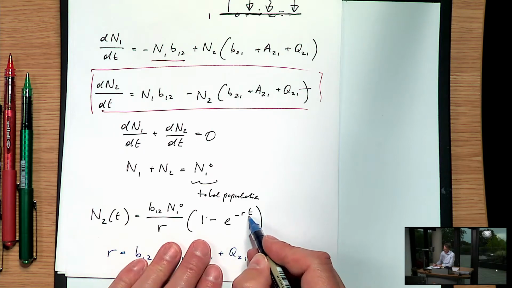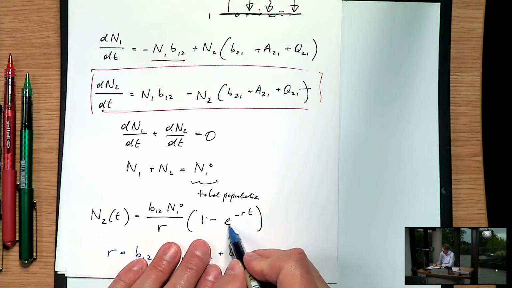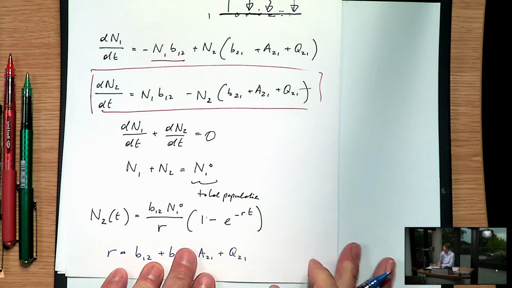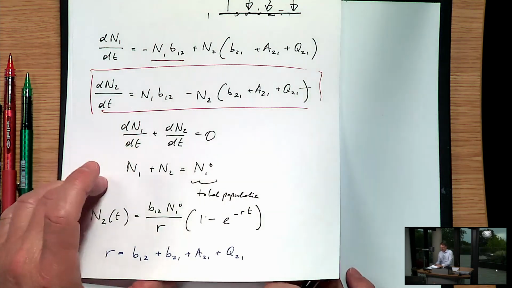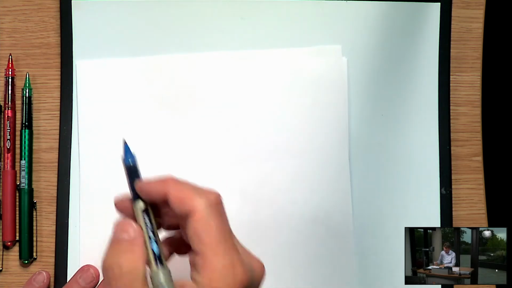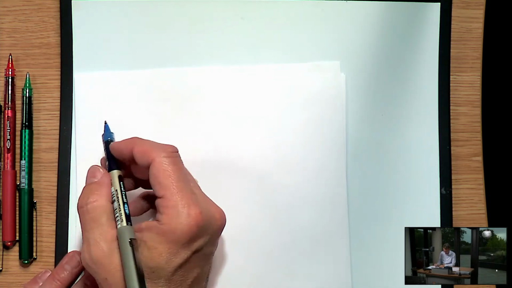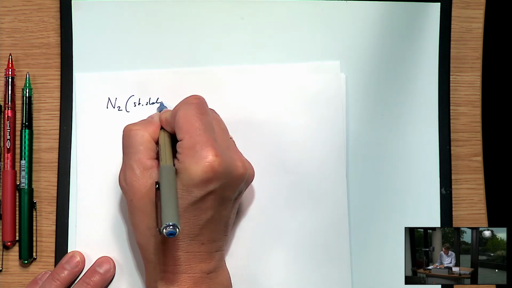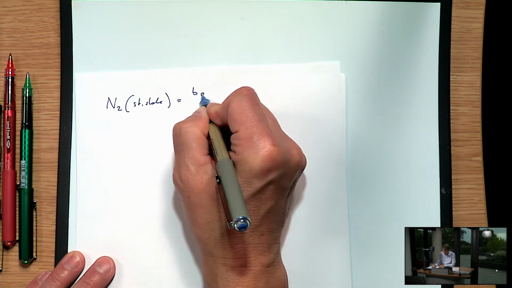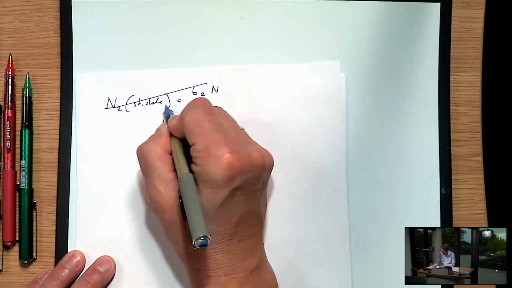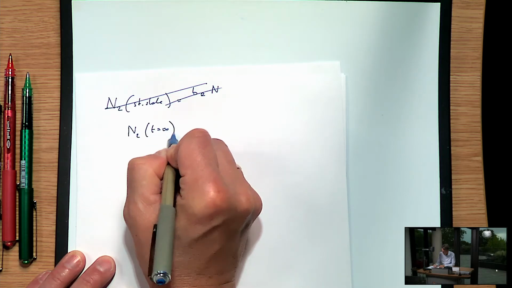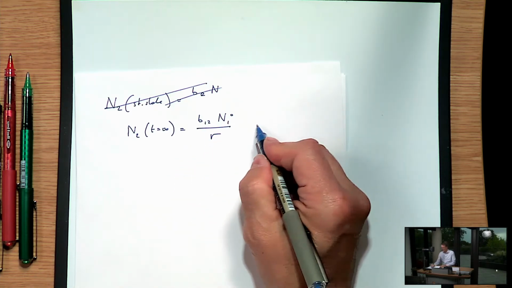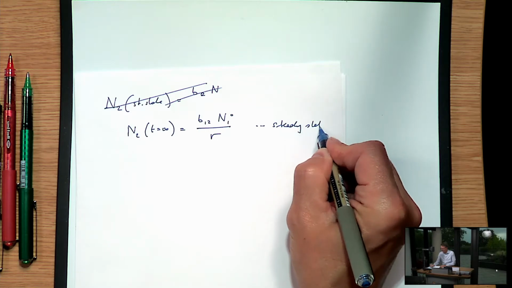Then at t equals infinity, essentially, this exponential term will become 0, and you will reach a steady state population of B12 N1 naught over R. So N2 at t equals infinity is equal to B12 N1 naught over R. Okay, so that's the steady state solution for this.